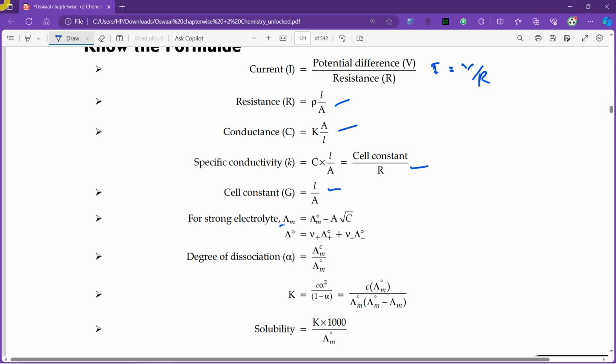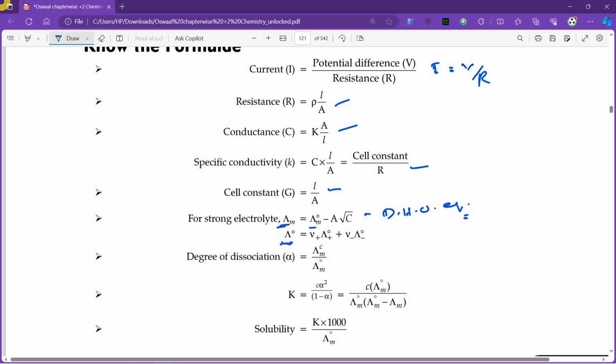For strong electrolytes, lambda m is equal to lambda naught m minus A root of C. This is called the Debye-Huckel-Onsager equation. And lambda naught is equal to nu plus into lambda naught plus, plus nu minus into lambda naught minus, that is, the conductivity of an electrolyte is equal to the contribution of the constituent ions.